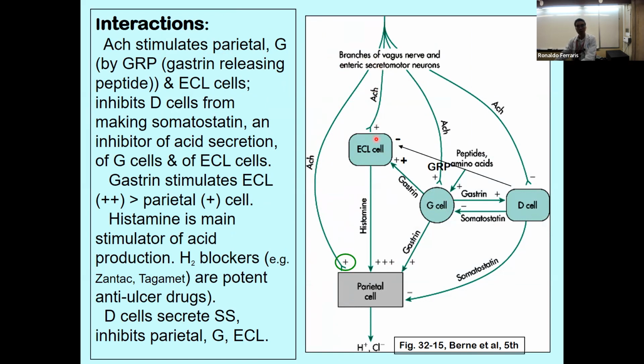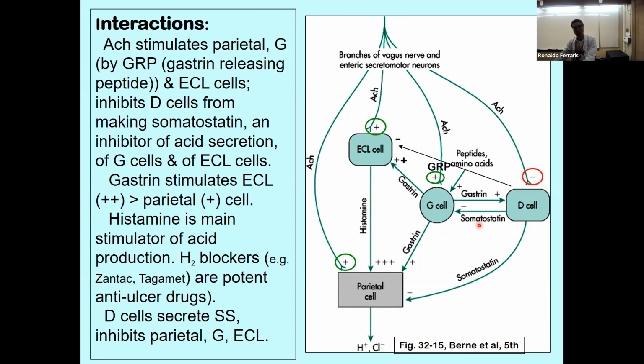It stimulates the ECL cell, shown there, and the G cell, releasing gastrin, and I'll talk about that later on G cells. So ACh stimulates acid secretion, gastrin secretion, histamine secretion, and inhibits the D cell.